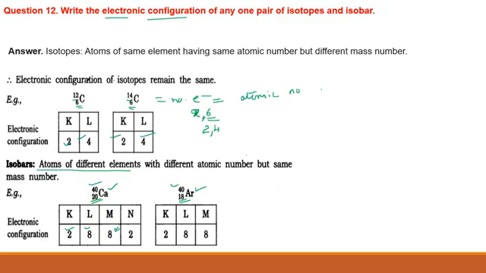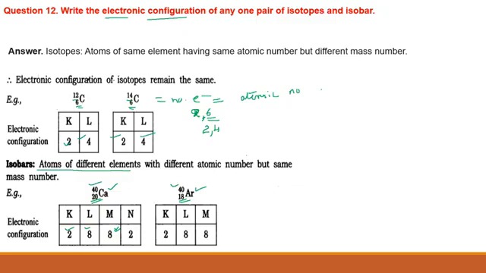Here we are not considering the maximum number of electrons that can be accommodated in the M shell according to Niels Bohr. We are following the octet method. That means the maximum number of electrons that can be accommodated in any shell is 8.